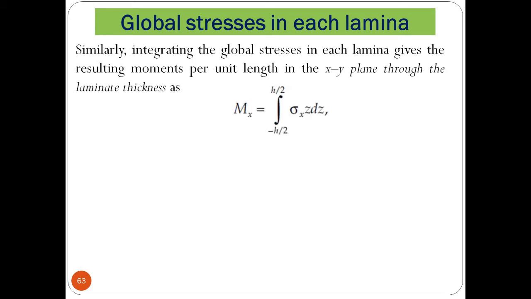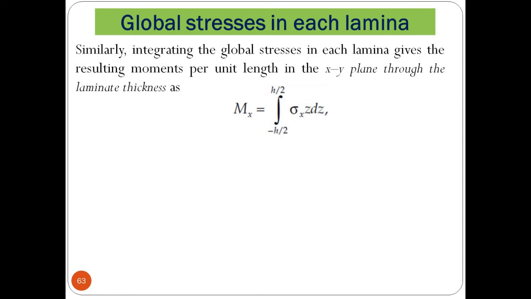Similarly, as we discussed in the previous slides, we have to integrate the global stresses. I want to reiterate here: sigma x, sigma y and tau xy are called the global stresses.